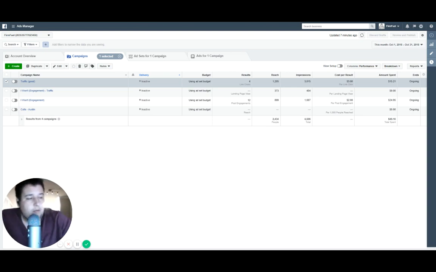After you run through those 27 different combinations, you find your winner, your best performer. And by the way, if you don't find a performer that works, try again. Iterate and do another 27 variations.